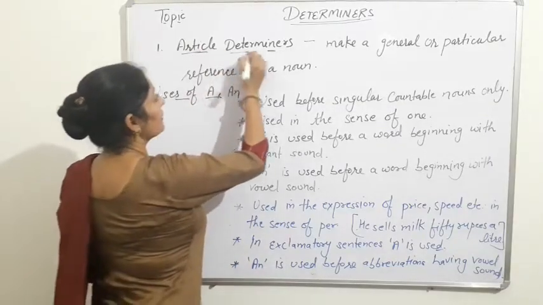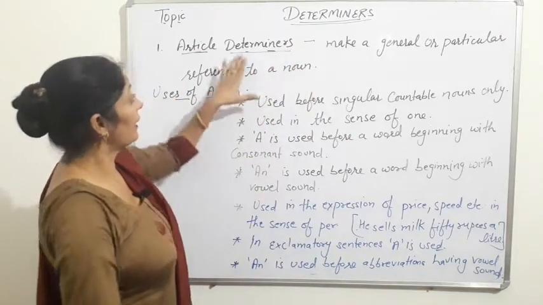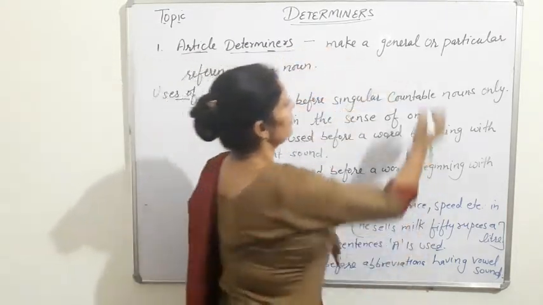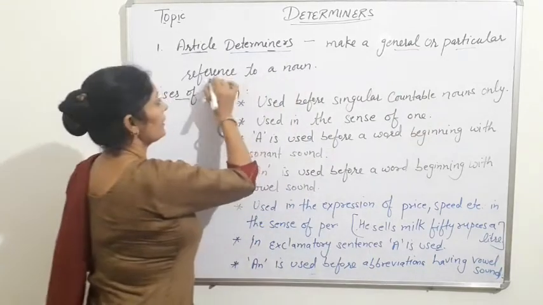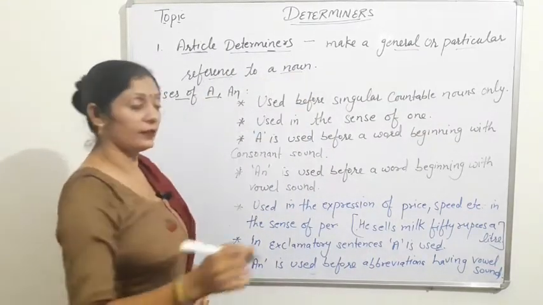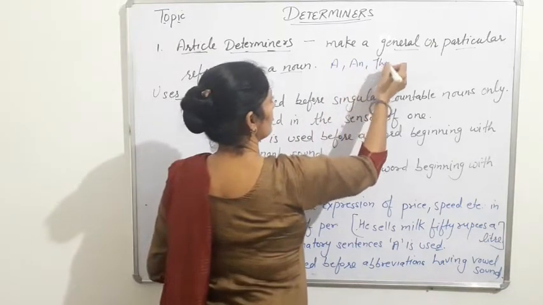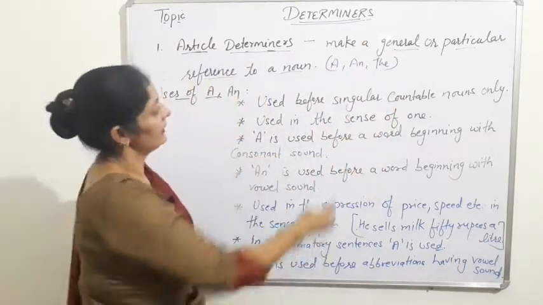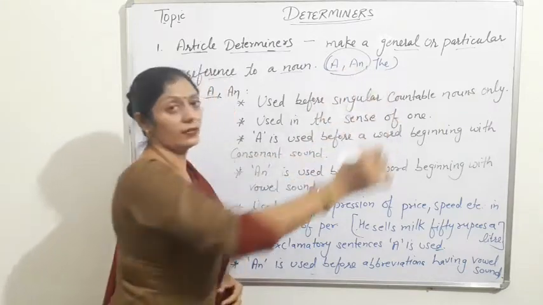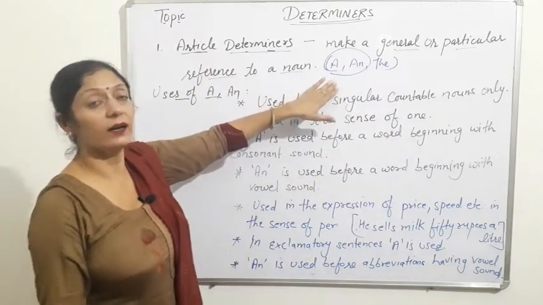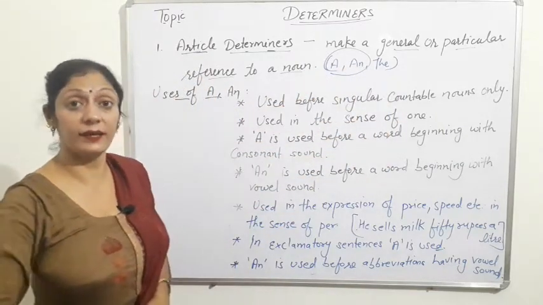First one is article determiners. Article determiners make a general or particular reference to a noun, and articles are 3: a, an, or the. A or an are indefinite articles and the is definite.